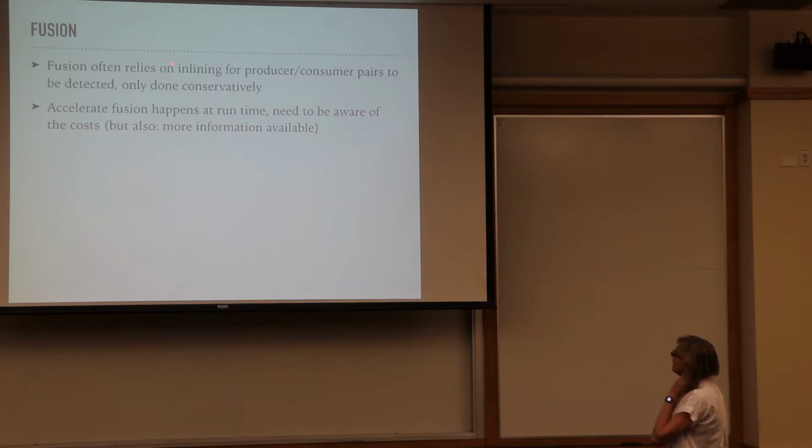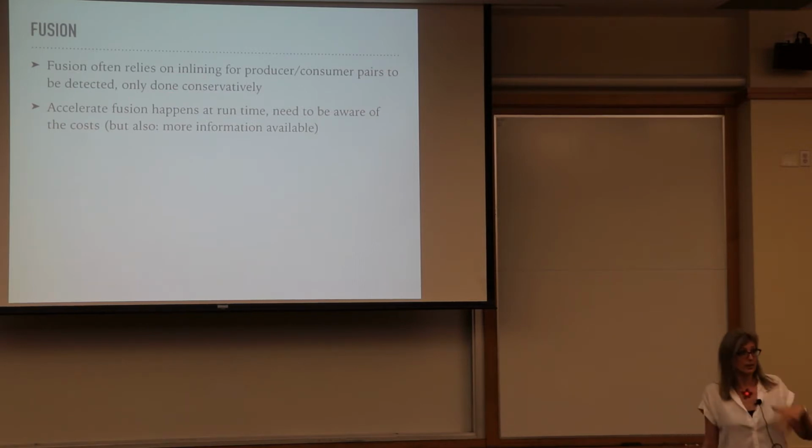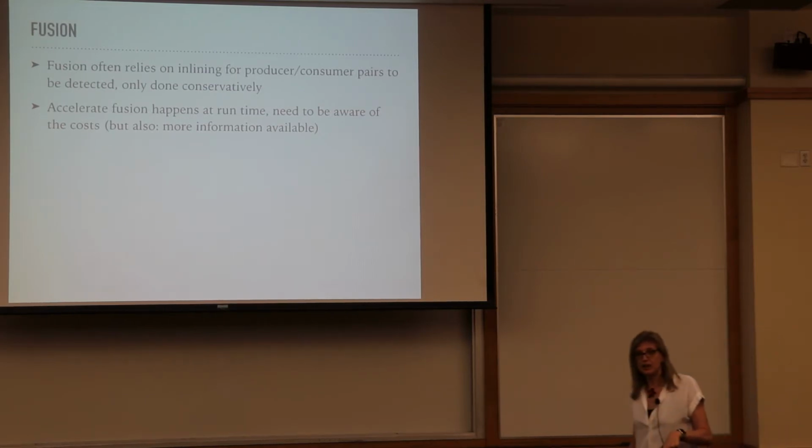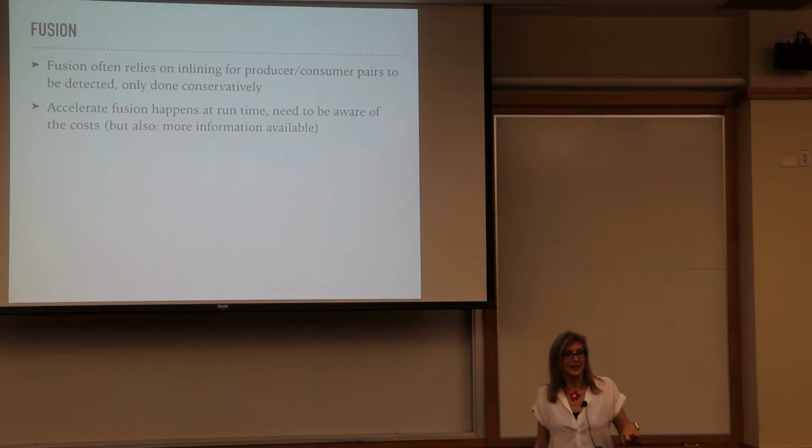The other problems I mentioned already, that if you do fusion, it often relies on inlining. We want to be conservative about that. Then the other problem we have with Accelerate is that fusion is a transformation of the AST, so it doesn't happen at the Haskell GHC compile time, but at the runtime of our program.